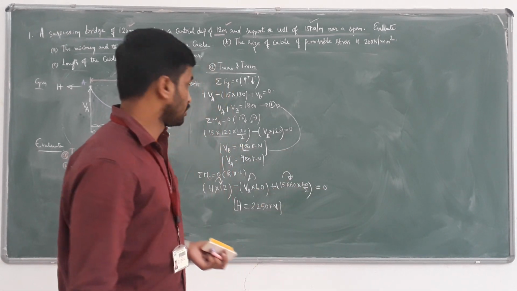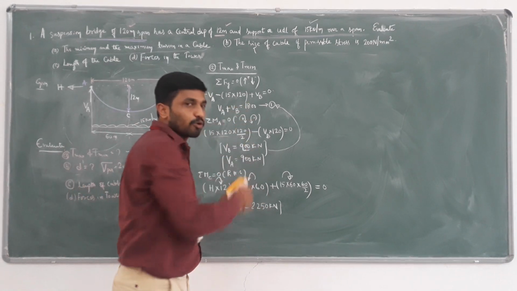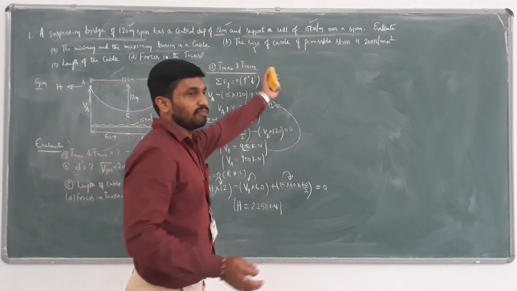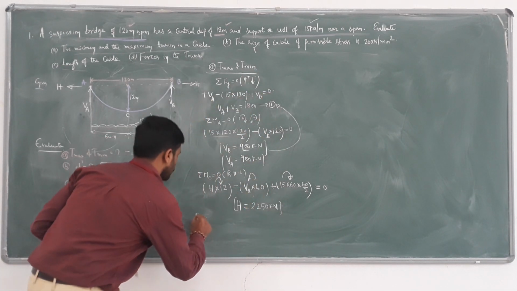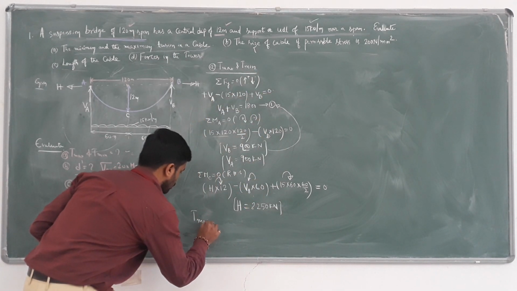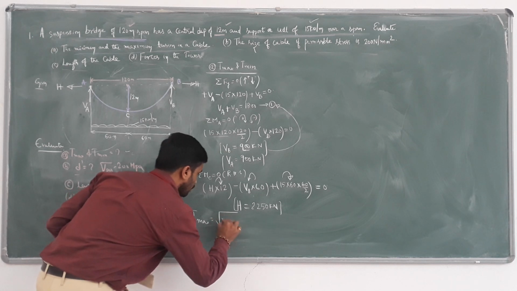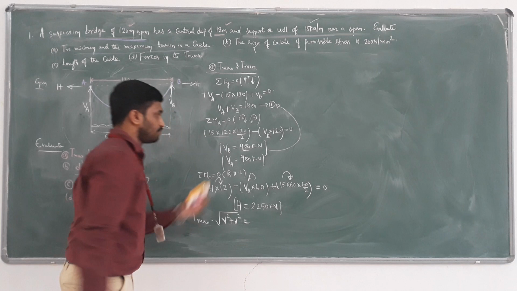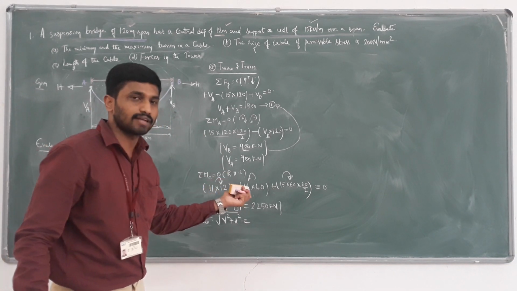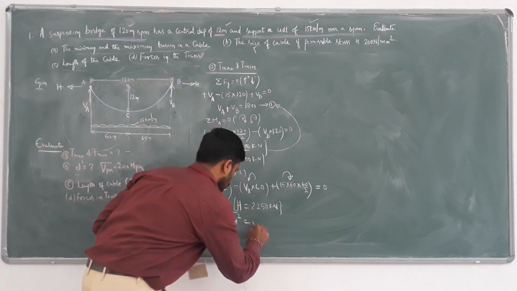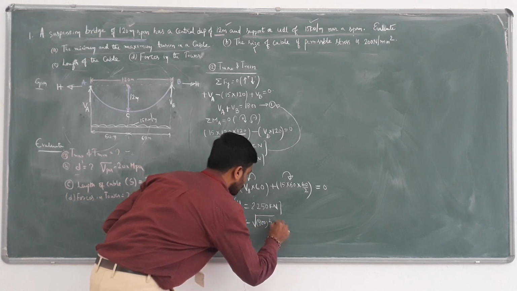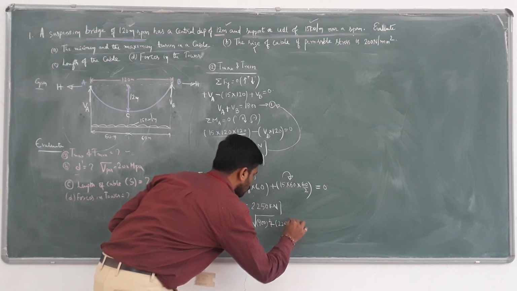2250 kilonewton. Using these external support reactions, we can easily compute T max and T minimum. We know the equation: T max equals square root of V square plus H square. Here VA equals VB equals V, which is 900 kilonewton. Therefore, square root of 900 square plus 2250 square.